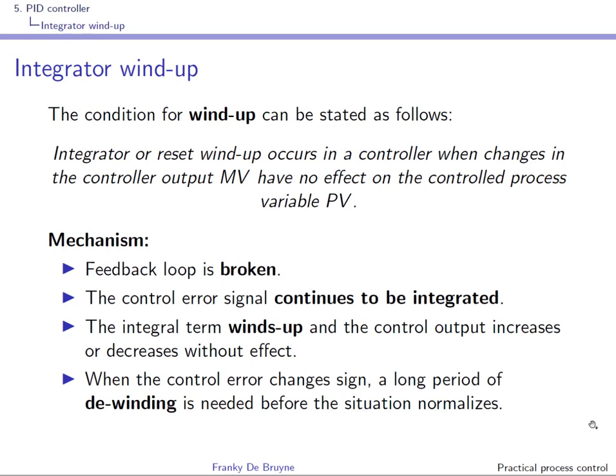First, some words about wind-up, integrator wind-up or reset wind-up. This mechanism occurs when the controller output, MV, has no effect on the process variable PV because the feedback loop is broken. We'll consider three situations. The first one is output tracking.